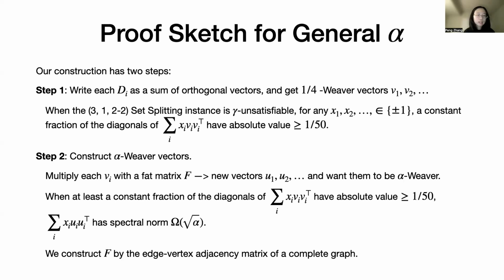We also want that when at least a constant fraction of the diagonals of the sum of x_i v_i v_i transpose have large absolute value, this new matrix, the sum of x_i u_i u_i transpose, has a spectral norm which is greater than root alpha times some constant. We achieve this by constructing F using the edge-vertex adjacency matrix of a complete graph.